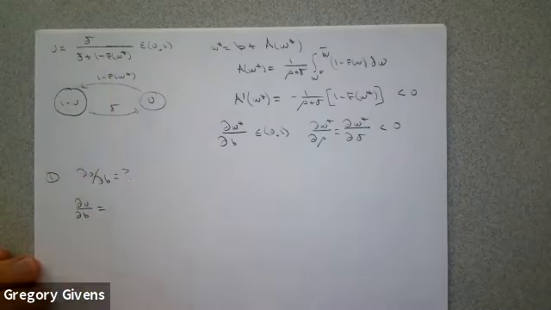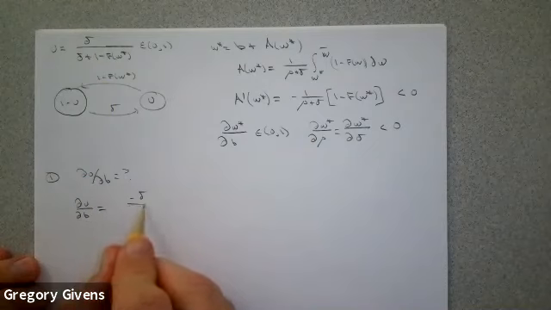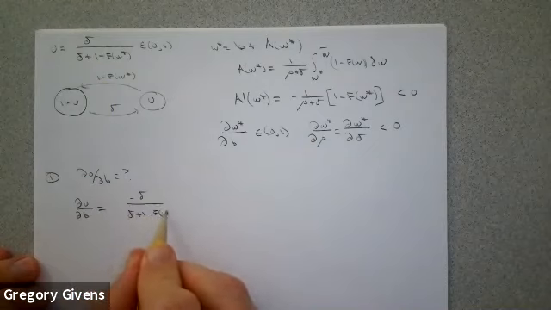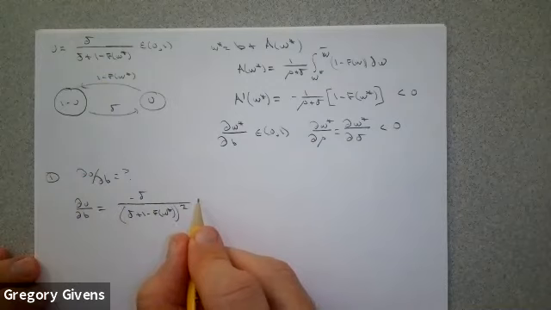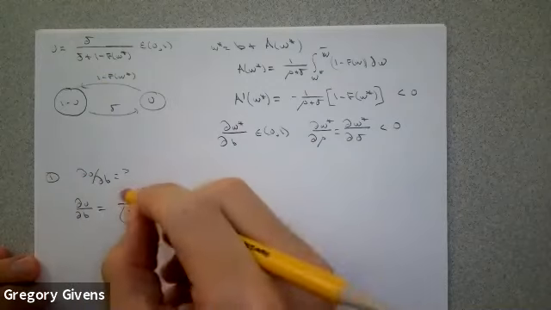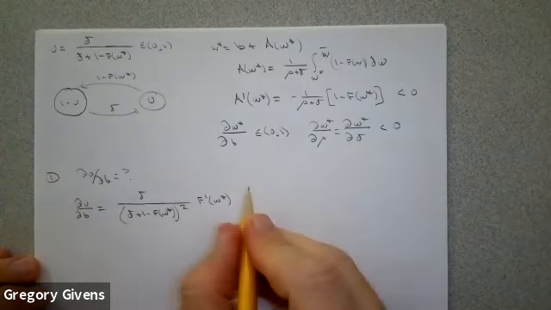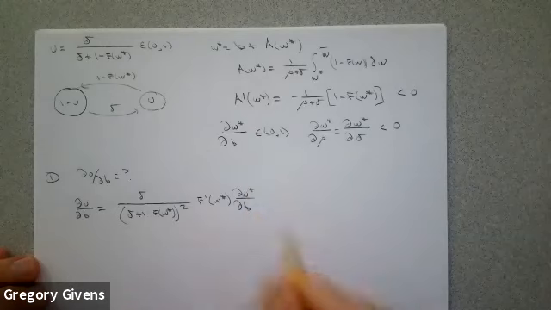That's equal to negative delta over delta plus 1 minus F of W star, that whole quantity squared, times negative F prime of W star, so the two negative signs will cancel, times the partial of W star with respect to B.